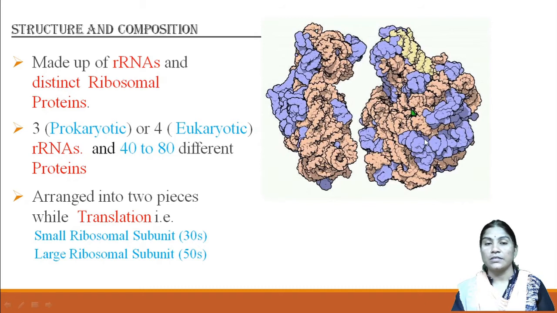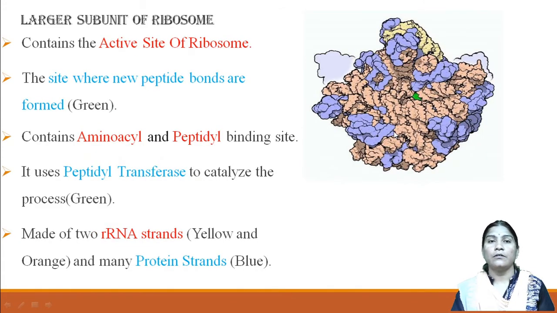While the translation process is carried on, these ribosomes are arranged into two different pieces, that is the small ribosomal subunit and the large ribosomal subunit. Sometimes the small one is also called the smaller ribosomal subunit, and the other is the larger ribosomal subunit.